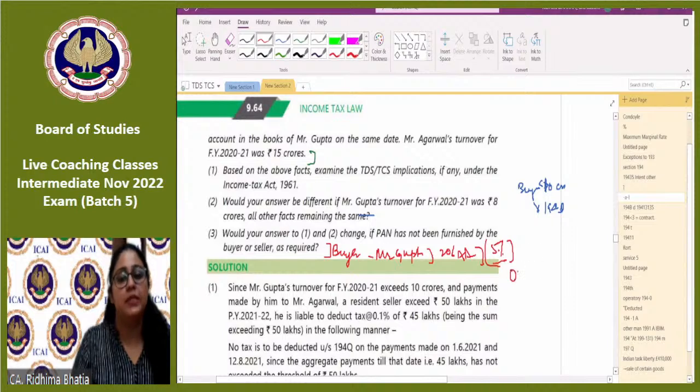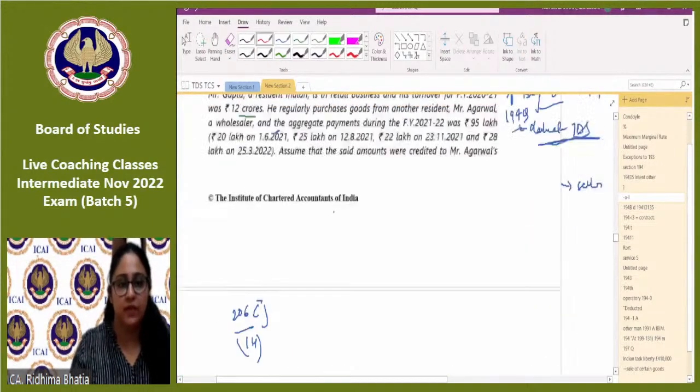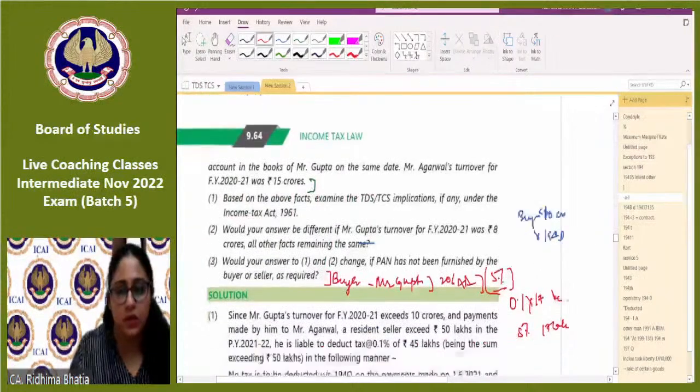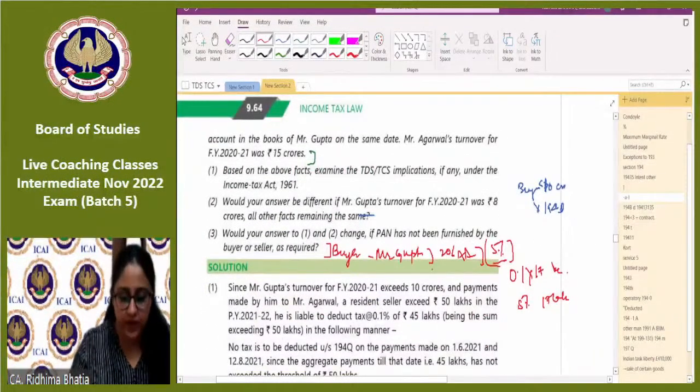So यहाँ पे instead of 0.1% of 17 lakhs in the first transaction, he will be collecting 5% of 17 lakhs. And obviously the second transaction which was left, which is 28 lakhs पे भी again 5%, which would be 1,40,000, and 17 lakh for 5%, 85,000.